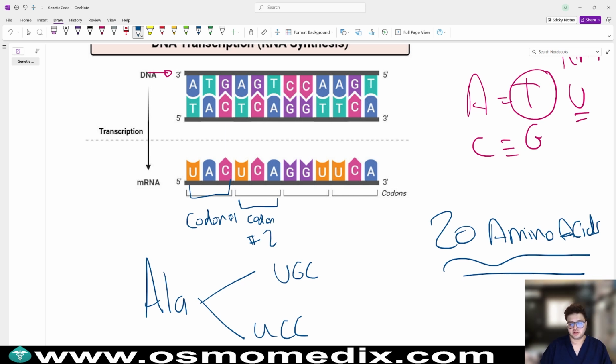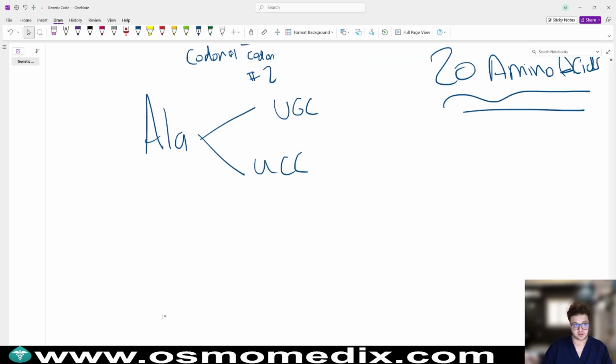So one amino acid can be represented by more than one codon in eukaryotes.